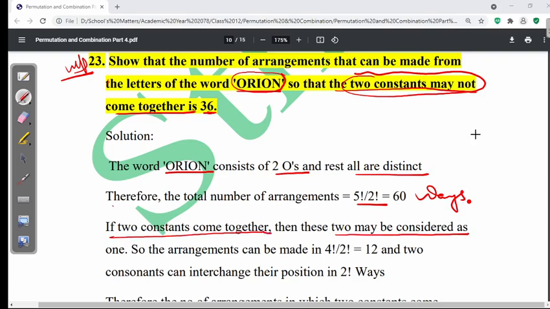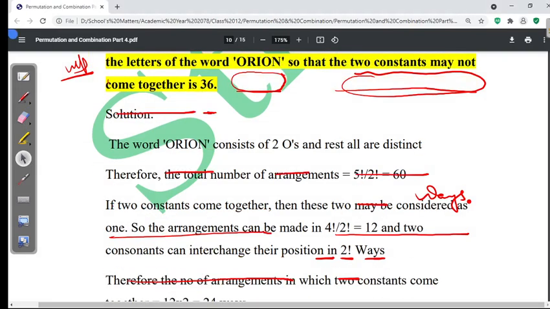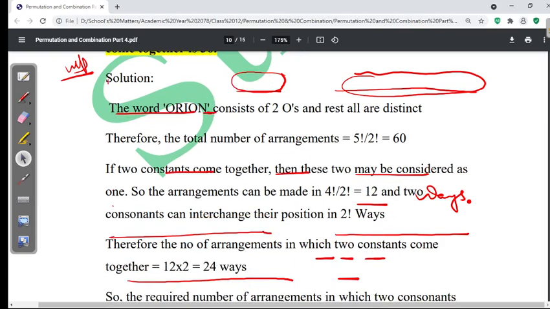So the total is 4 factorial by 2 factorial, as two vowels are there. That's why it can be arranged in 12 different ways. But the two consonants can interchange their positions in two different ways because they are not the same here. In the previous question they were the same letters, so we did not multiply that, but here they are different letters.